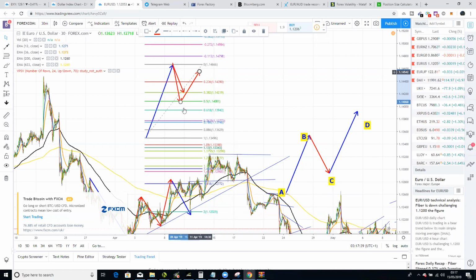So the B level is key and important in naming our harmonic pattern, based on the level of retracement that we got. And then now we want to know the retracement of A to B, which is going to move up, but it should never go above the A point.